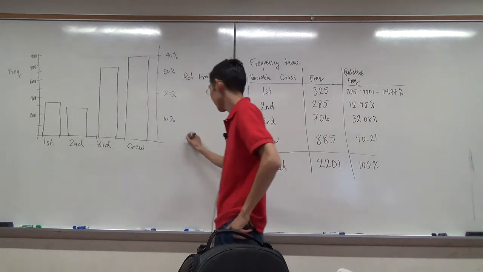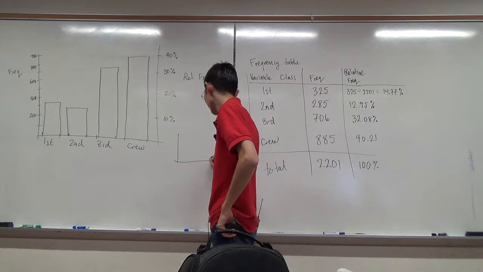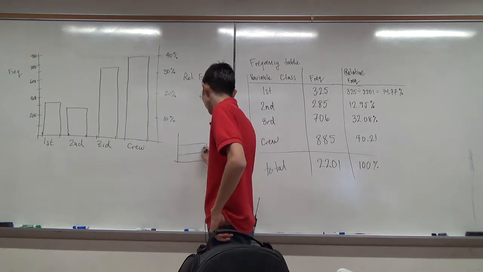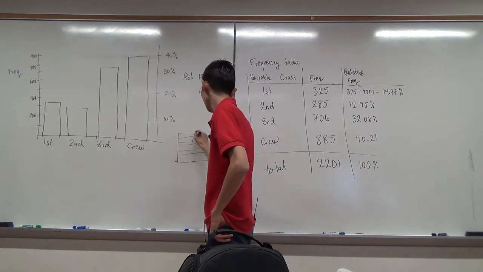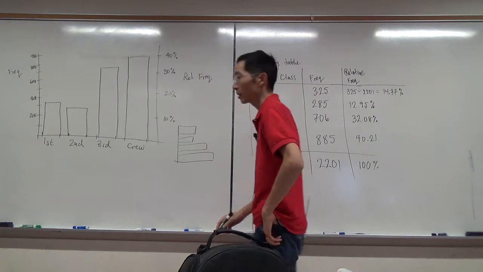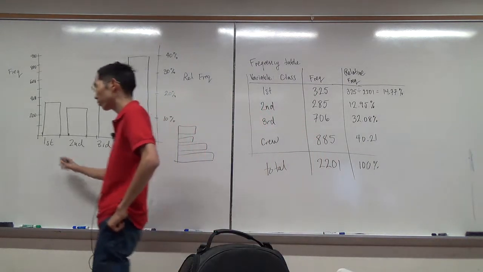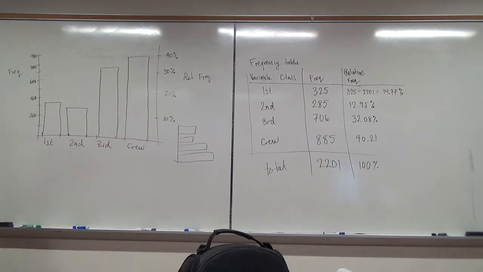Alright, bar charts could also be horizontal if I wanted to display the bars this way, equally valid. It doesn't matter. The thing about bar charts is I could also rearrange the columns. Okay, I could rearrange these from largest to smallest, so then it would go crew, third, first, then second.